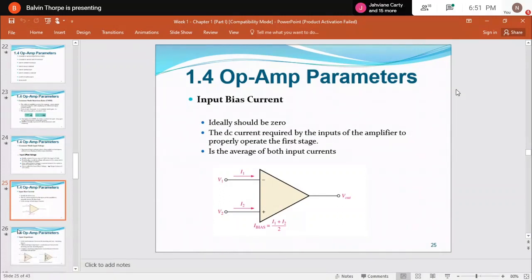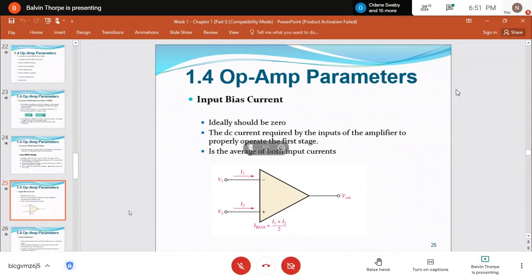The input bias current is going to be the current on the two inputs divided by 2. In other words, it's the average current at the input. And the reason we need to know the input bias current is because we can actually apply an input offset current.